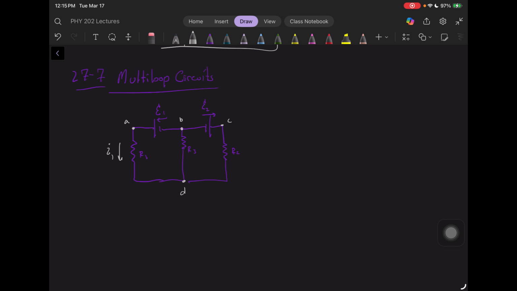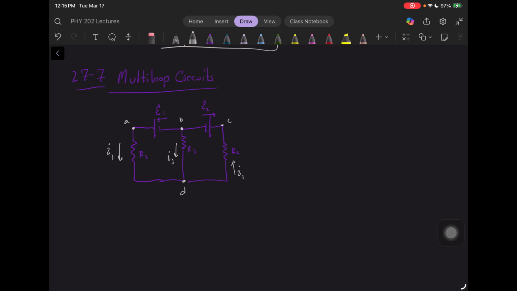Now we can't say the current's the same everywhere because it has junctions where it can split off. So we'll guess some directions. We'll say I3 is going down, and then probably I2 is going up. We'll mess around with this and see what's going on.